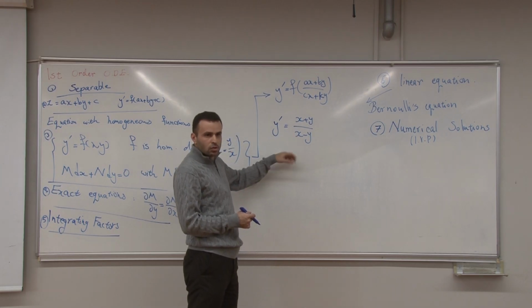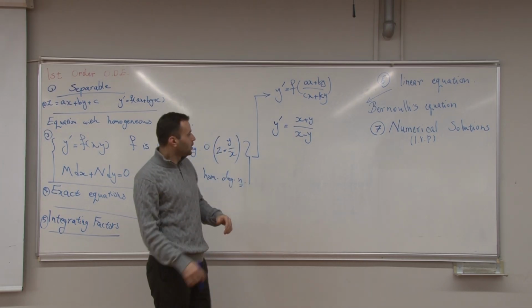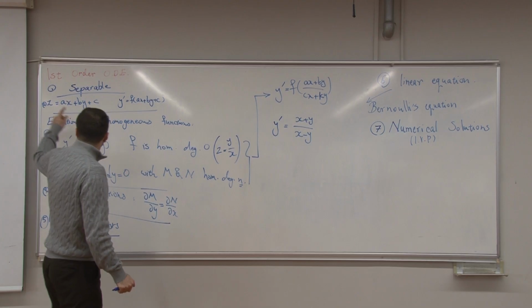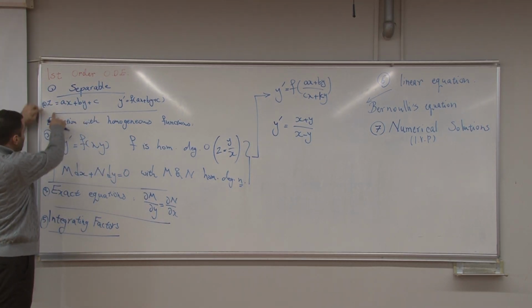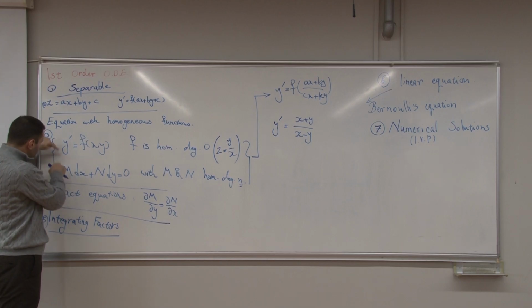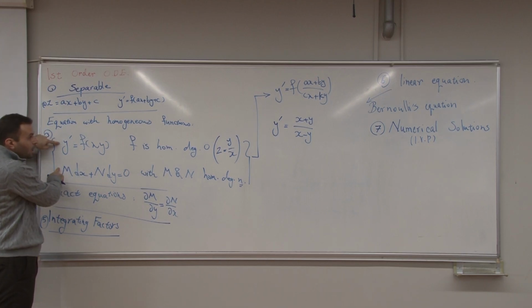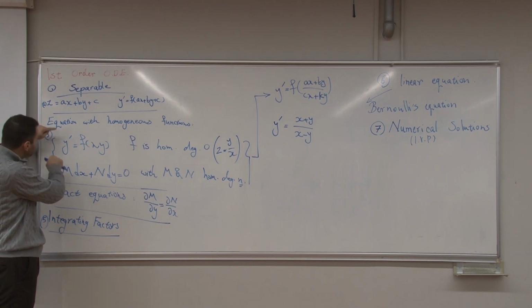Yes. So, what next? Is it homogeneous? Is this the second step here? In this case, is this an equation with homogeneous functions? How is it related to this case?